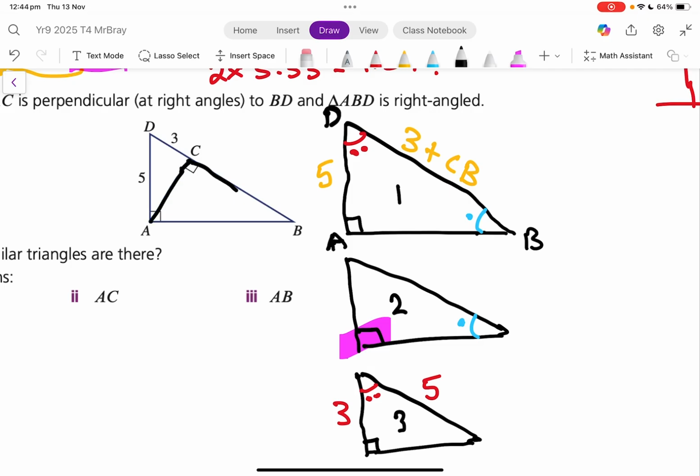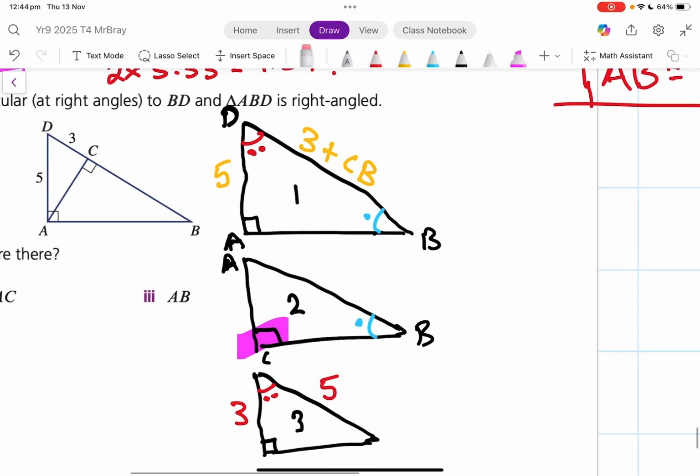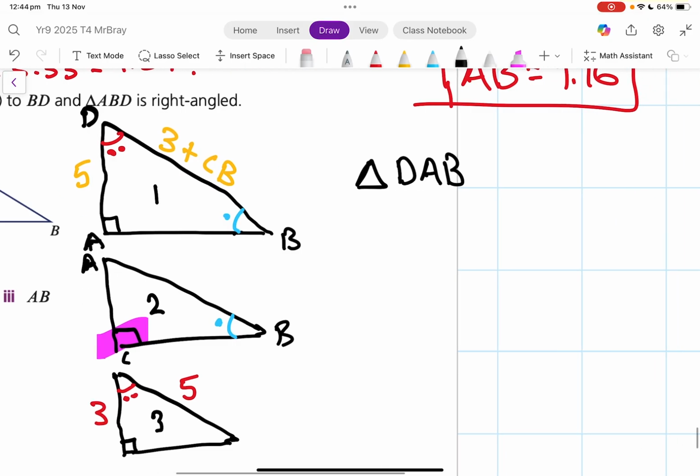And then for the medium-sized one, we've got A in the top corner, B at that side, and C below the right angle. So the way I am going to end up writing this, I'm going to use this symbol here, which indicates a triangle. I'm going to say triangle DAB, which is the big triangle, triangle 1, is similar to, that symbol means similar to, triangle ACB, the medium triangle, or triangle 2.